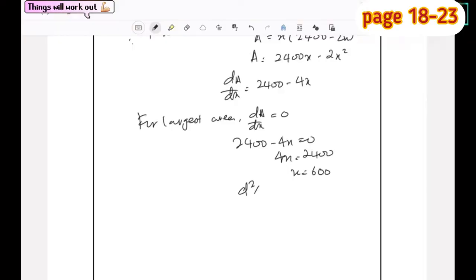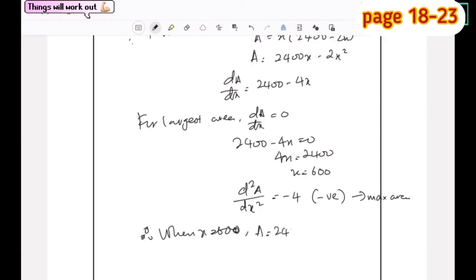Get the second order derivative, d squared A over dx squared. We get negative 4, which is a negative value, so that turns out to be the maximum area. Hence, when x equals 600, A equals 2,400 times 600 minus 2 times 600 squared, so we have 720,000.